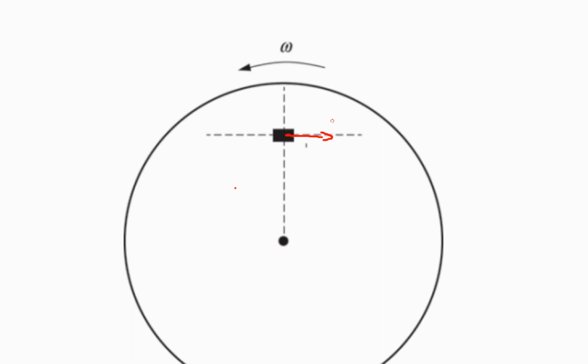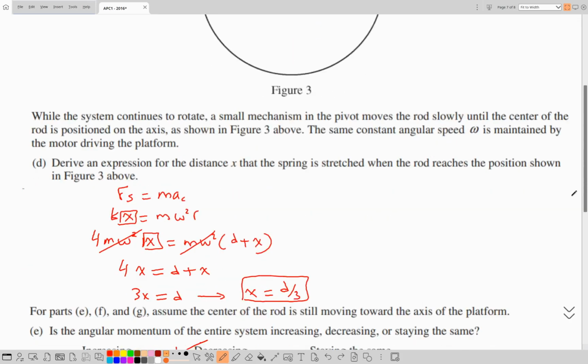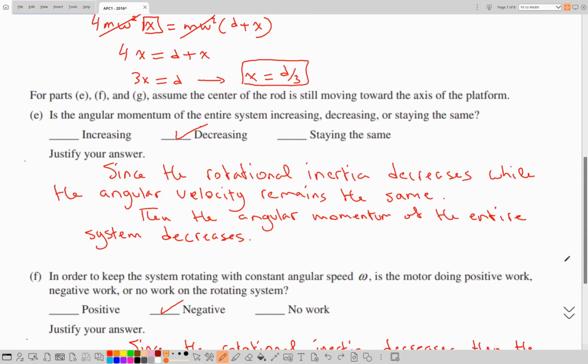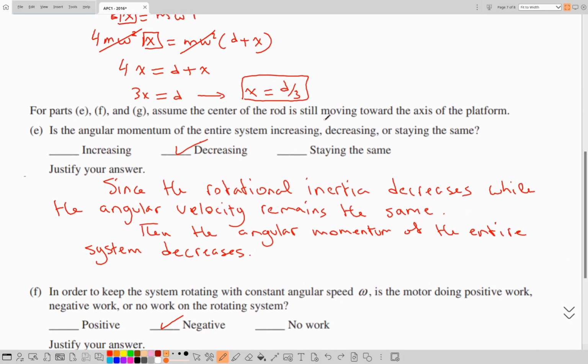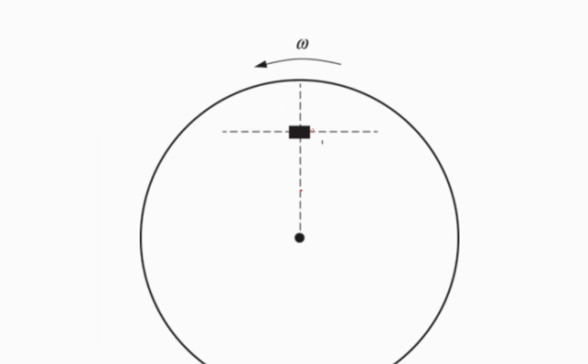Now, although the mechanism here is working in such a way as to provide constant angular speed, it's more complicated than that, because if you remember carefully in this statement, they mentioned that the center of the rod is still moving toward the axis of the platform. So you also need to take into consideration that this is moving closer.